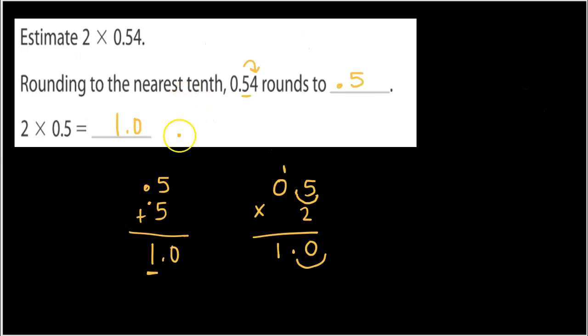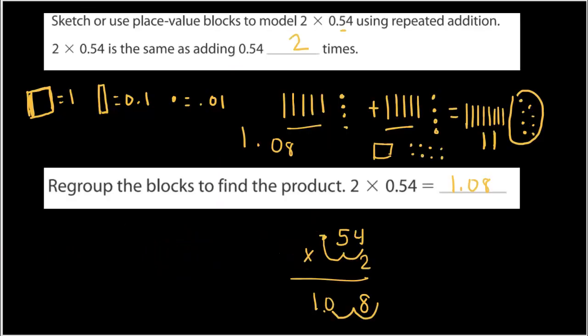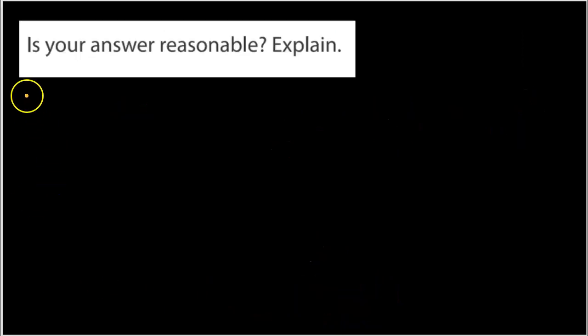You know what I didn't do here, and I just realized this, that I forgot before, but we were estimating. So here's my estimation, and I got 1.0, and I know it's reasonable if it's close to 1.0, or 1 whole and 0 tenths. But here I have 1 and 8 hundredths. So is my answer reasonable? Yes.